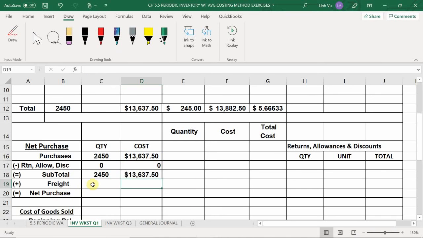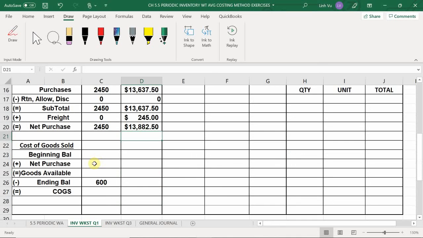And of course, freight adds nothing to quantity, but it does add to total cost. So we still have 2,450 items at $13,882.50.